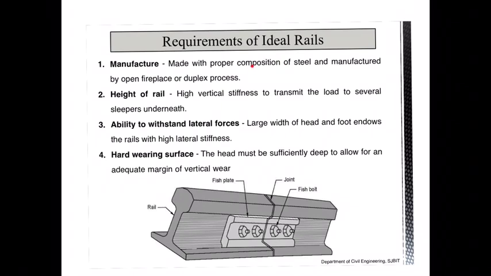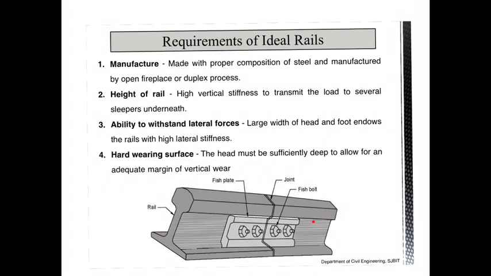The composition needs to be maintained, and the rail section should be manufactured with the help of the open hearth or the duplex process. And also the rail should have sufficient vertical stiffness, to enable it to transmit the load to the several sleepers below it. And the vertical stiffness can be achieved by providing the adequate height of the rail section.